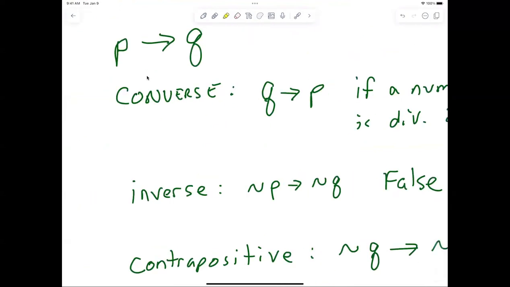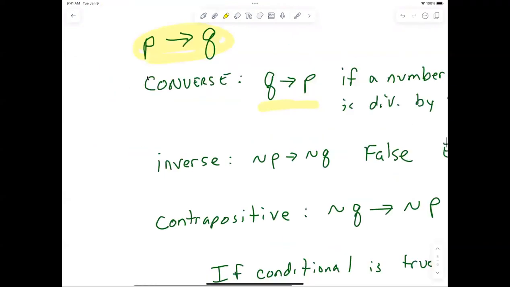This is where we're starting. So for the converse, what did I do? We just switched them. The hypothesis became the conclusion and the conclusion became the hypothesis. You good with that? That's all there is. Now I'm looking at the inverse. Did I switch them? I just negated them.